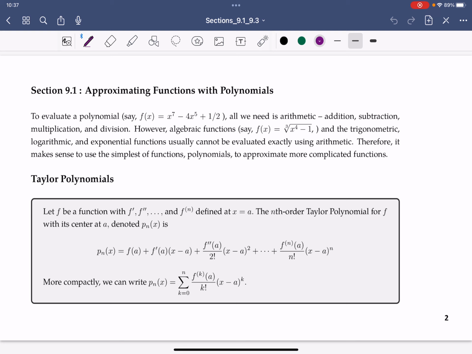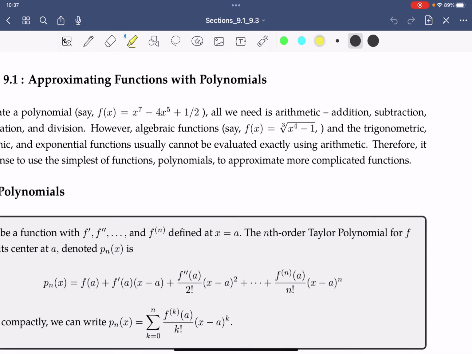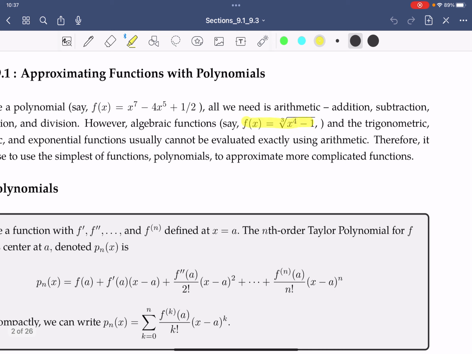So we are trying to make the approximation of a function by using a polynomial. The idea is the same as I told you last time. This is the case where we feel we cannot compute the function easily, so why don't we just approximate it by a polynomial? Something like the function cube root of x to the fourth power minus 1.